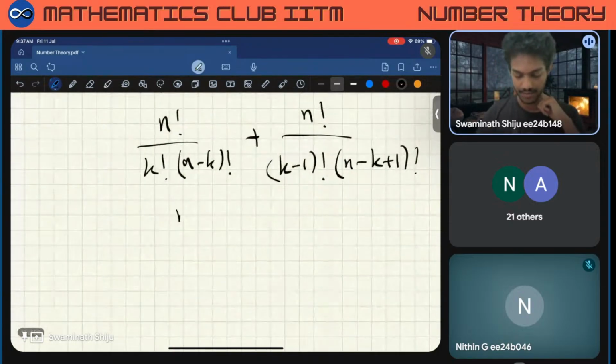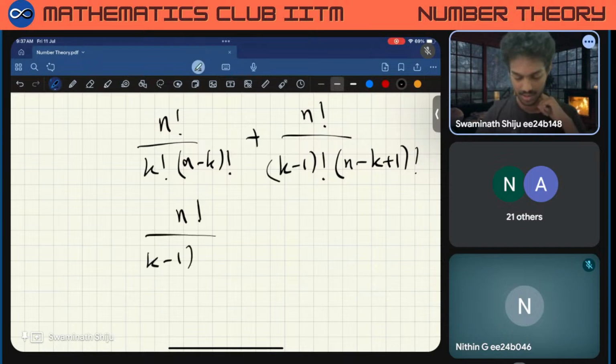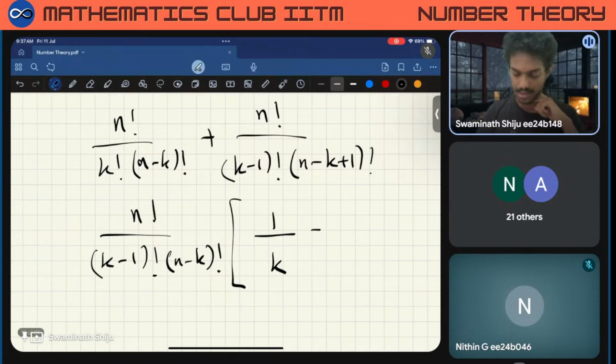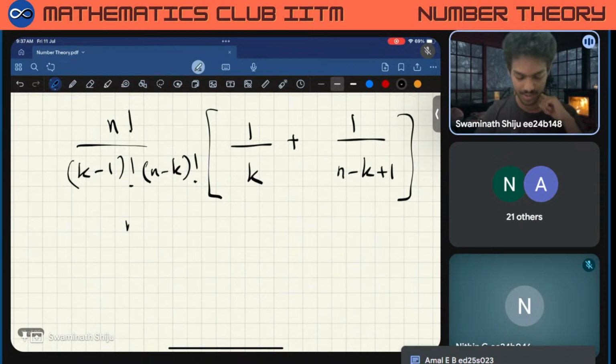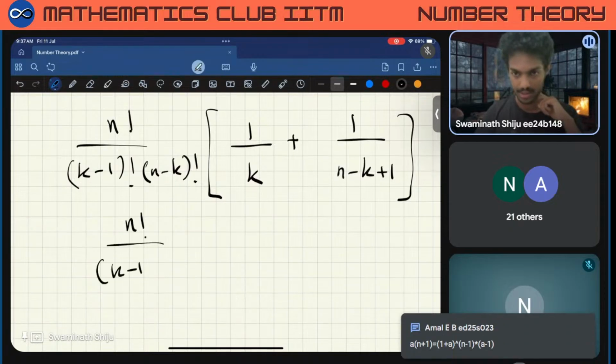So you can take n factorial, (k minus 1) factorial and (n minus k) factorial common. Then this is 1 by k plus 1 by n minus k plus 1.